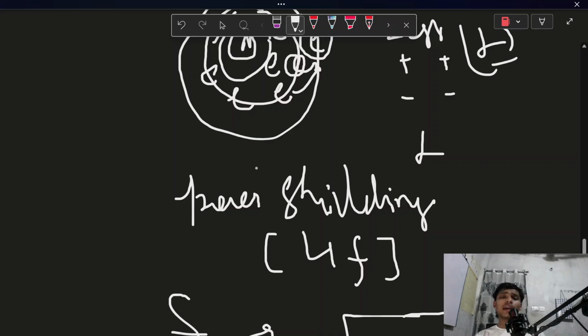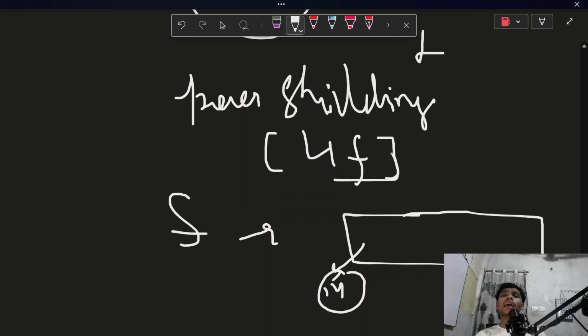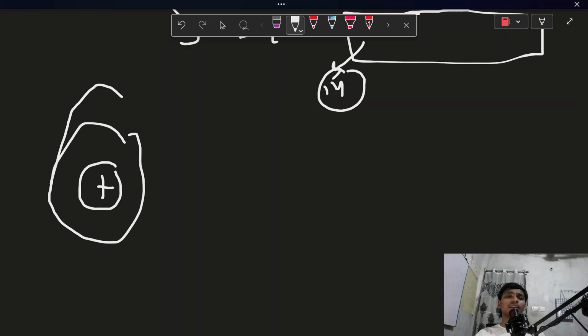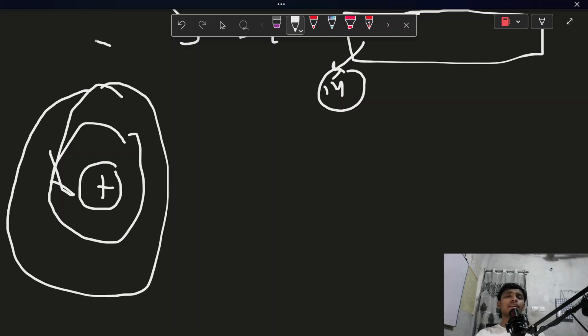Actually what happens is that the 4f orbital, the subshell, is not able to apply a good shielding effect. And what happens when they are not able to apply good shielding? For example, this is a nucleus, and these are some orbits located outside.